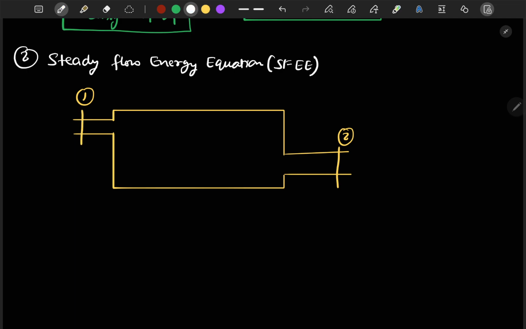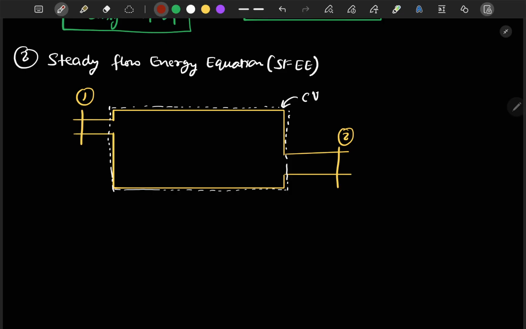Now I will define the control volume here. This is called the control volume.